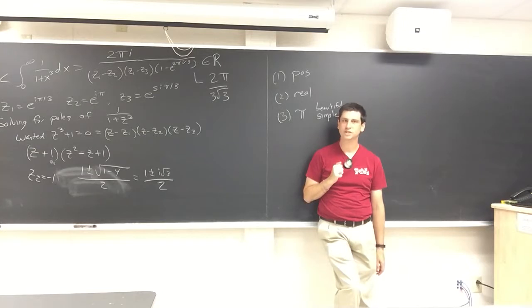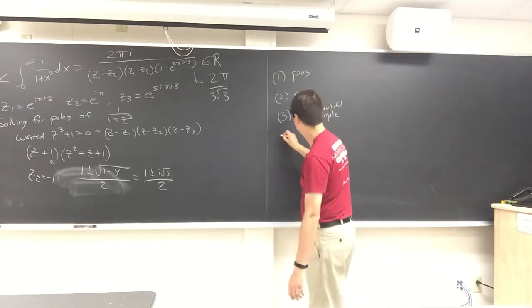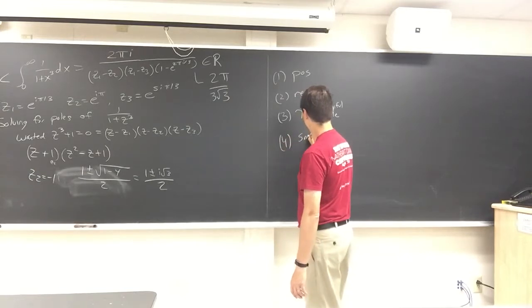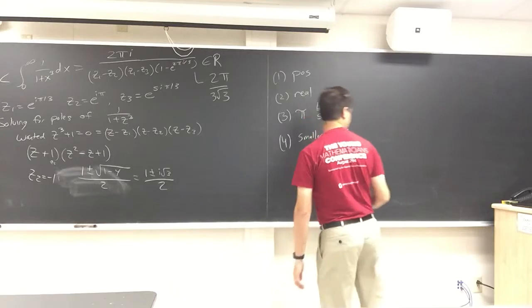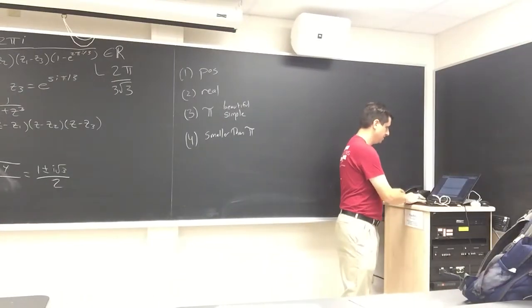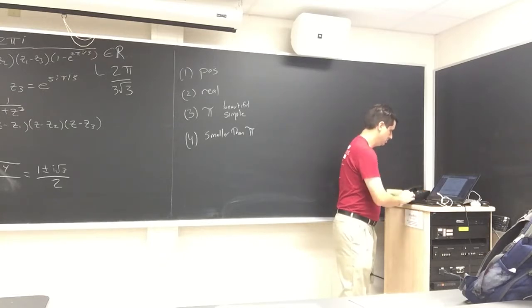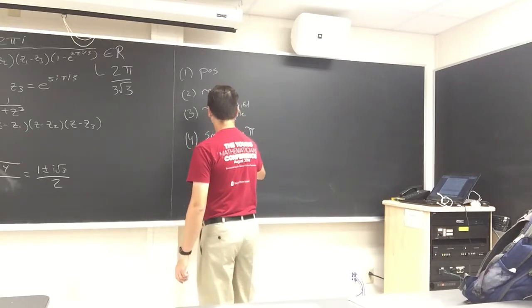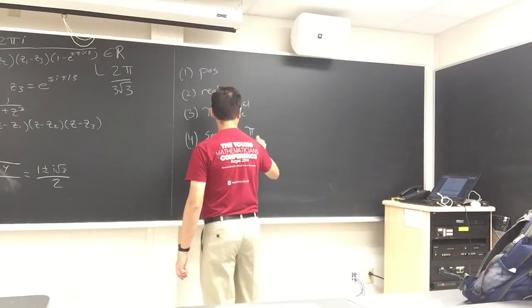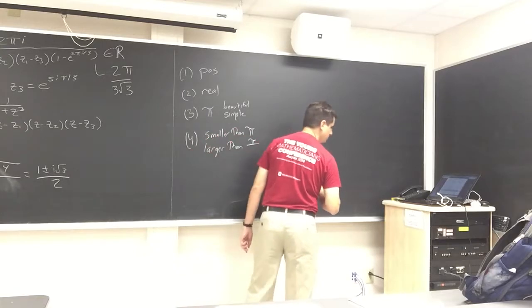There's one other thing which is nice about it. It's smaller than pi. And then there's one other thing I need. And it's larger than pi over 2 root 2.